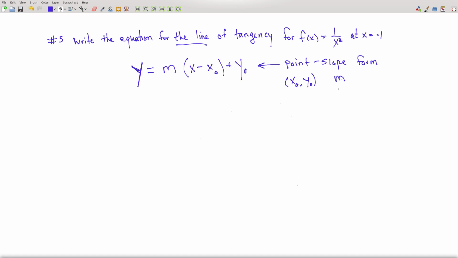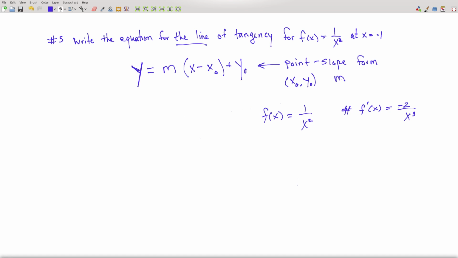And do we have a way of finding the slope? We absolutely do, because we know how to find derivatives. So I guess we'll have to find the derivative of f of x equals 1 over x squared. Do we have any idea what that is? Let me point out that in number 4, they actually told you what that derivative is. They said the derivative of this function is going to be -2 over x cubed.